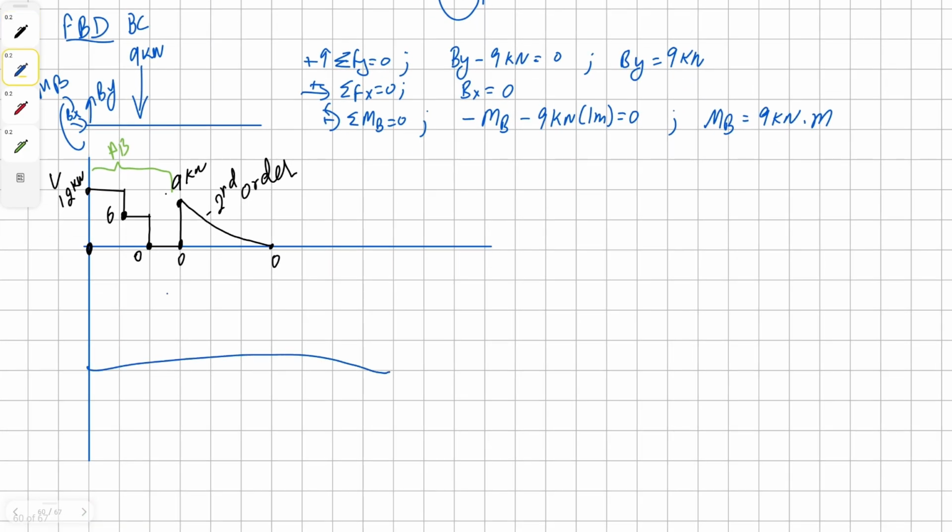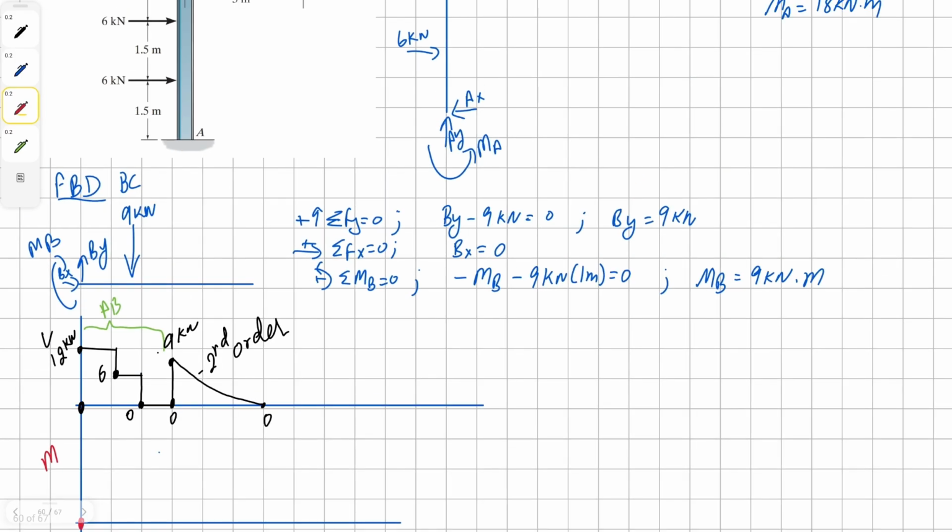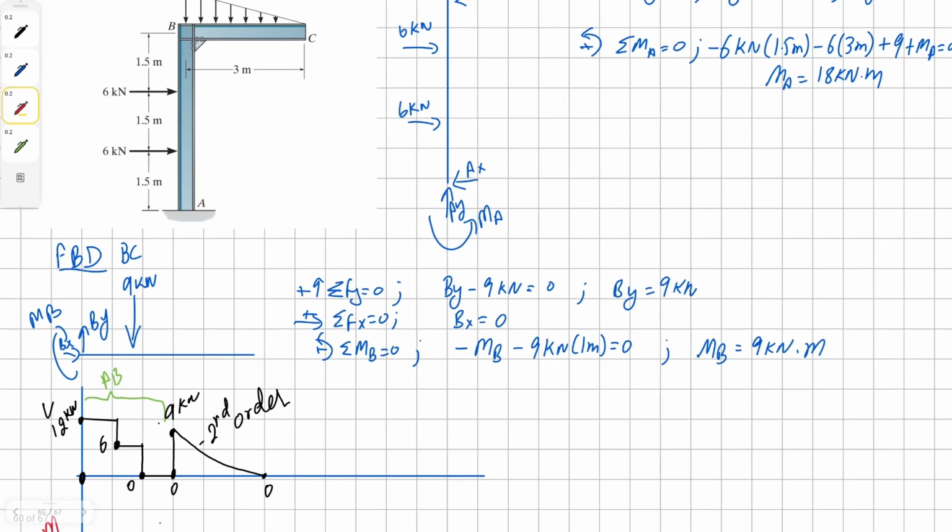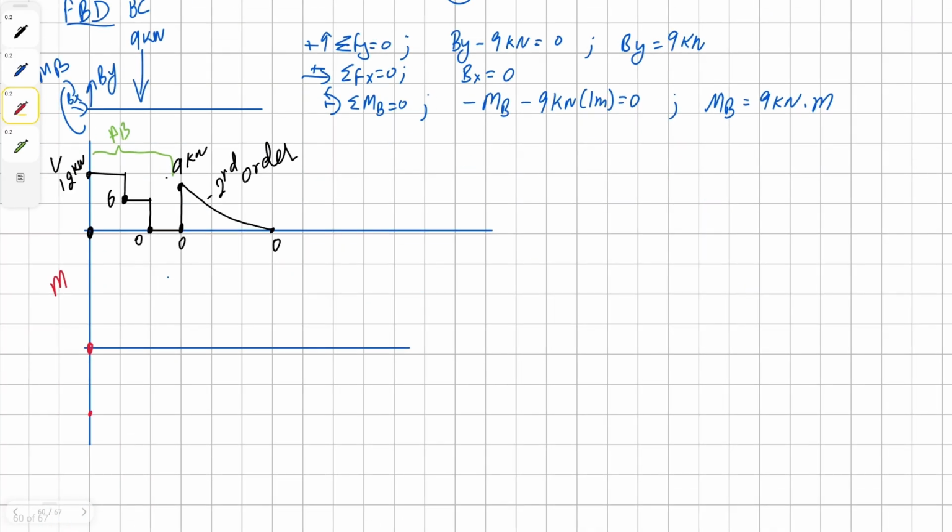And now for our moment, we're going to begin at 0 again. Pardon me, not at 0, because we have moment from A counterclockwise, so we're going to go downwards, negative 18. And from there we have this area first of all. So it's going to be 12 times 1.5, which is 18. So we come up to 0.